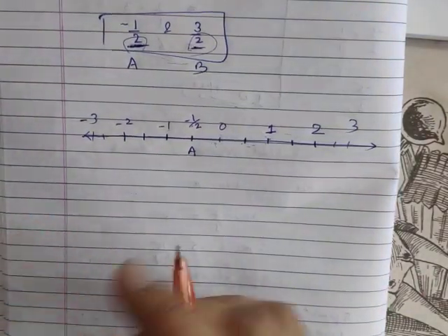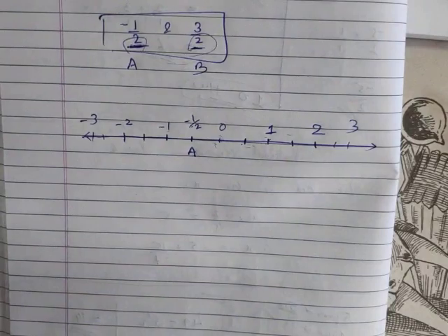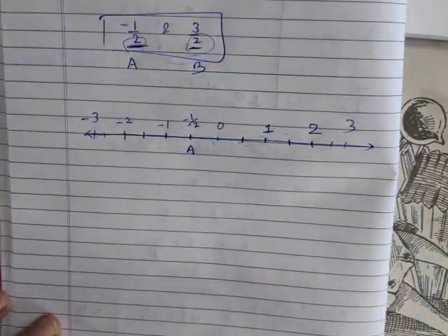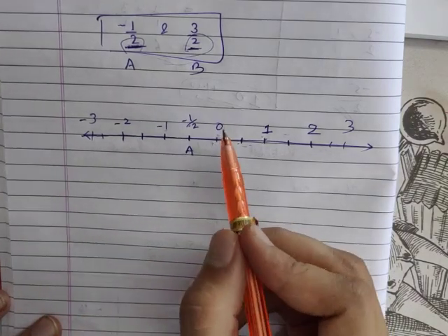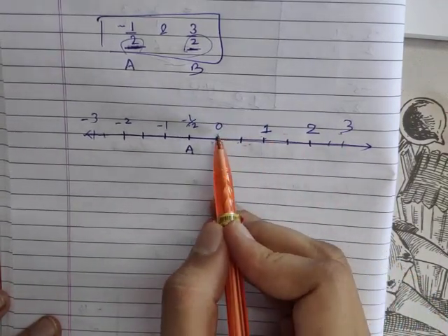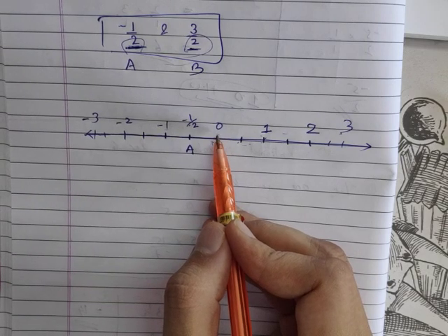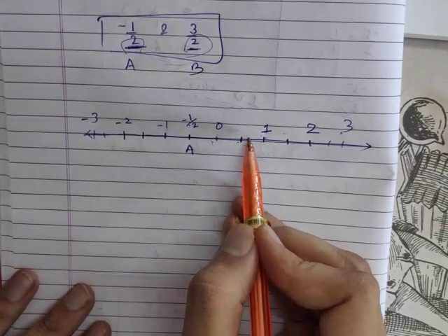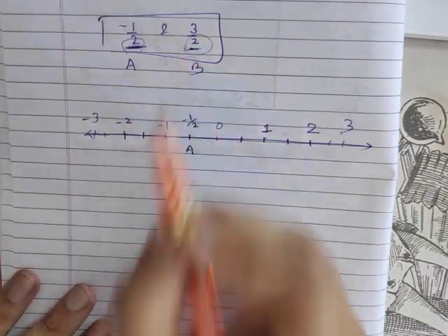Don't worry, let's see one more example. 3 by 2 is to be marked. Now, numerator you observe, it is how much? 3. That means from 0 you will start and you won't go here. No. From 0 you will start, you will travel 3 times. Towards left? No. Towards right. Because this is +3, positive 3.